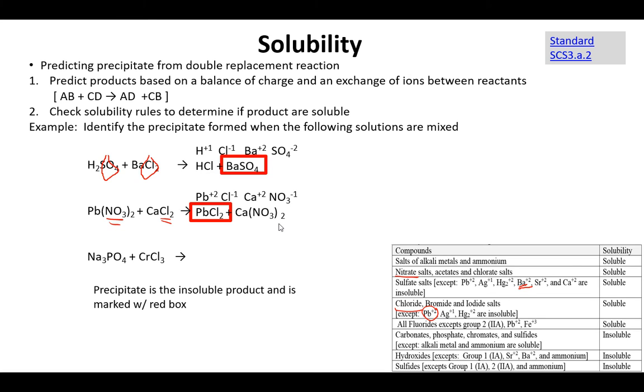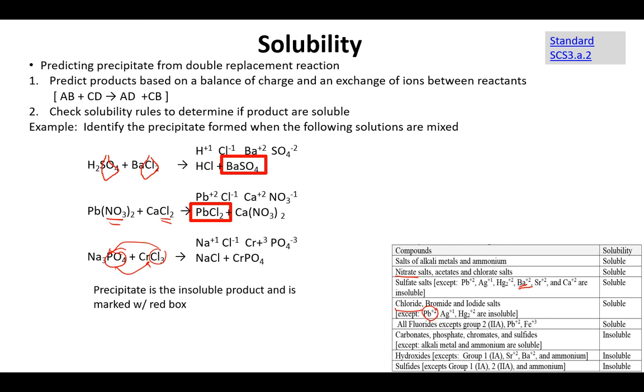Last but not least, double replacement reaction. Remember, we got to think square dance. So my PO4, that polyatomic, switches places with the Cl. Cl comes over here. Hopefully you recognize table salt, so we know that product's NaCl. Chromium has a charge of 3. Phosphate has a charge of 3. Therefore, they balance out. We end up with chromium phosphate, CrPO4.